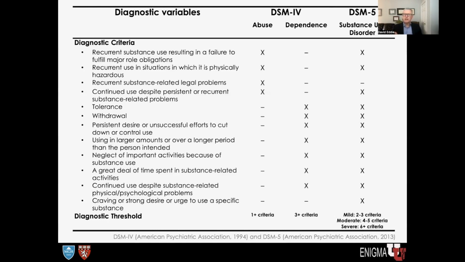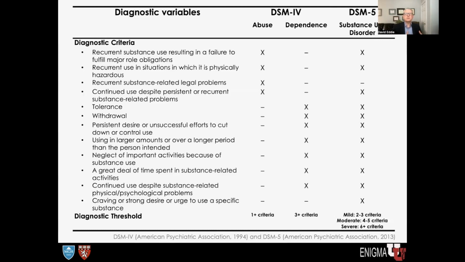Another reason is it was felt, and many still believe now, that our bar for diagnosing a substance use disorder is just too low, so that we would catch, especially with the DSM-4 criteria of abuse and dependence, a lot of people who would meet criteria for alcohol or drug abuse, but they might not necessarily actually have a problem.